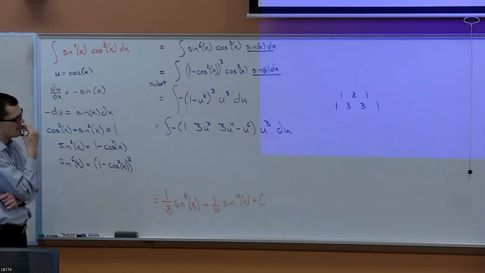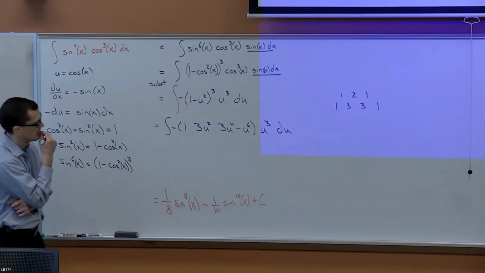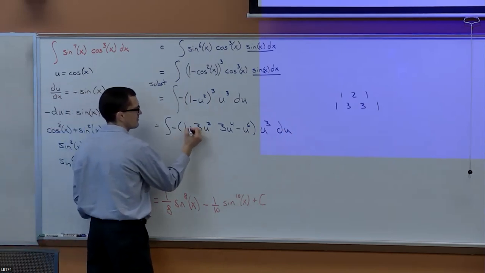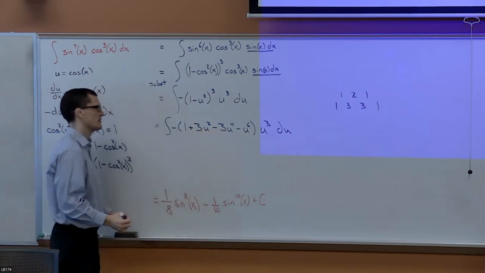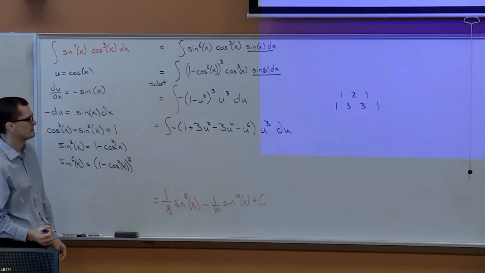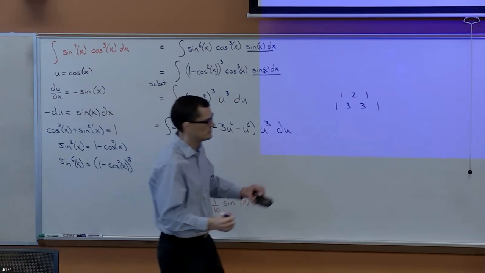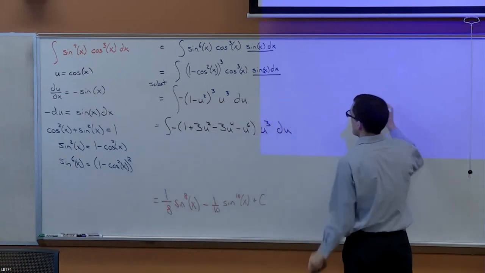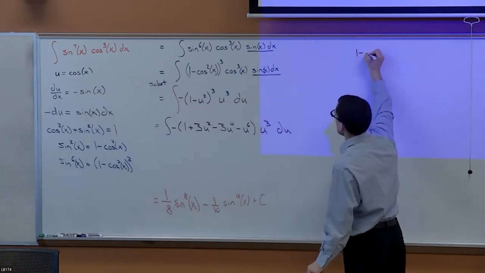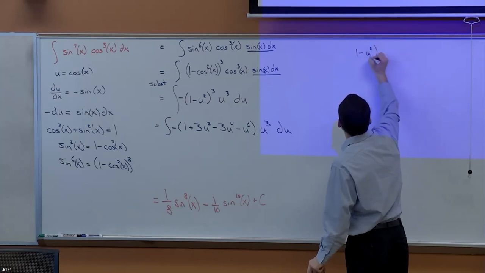I'm gonna multiply that out. I get 1 u squared and 2. I think this is plus, and I think this is minus. All right. No, I should just multiply it. I'm doubting myself.